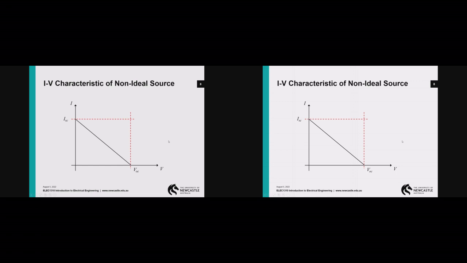So what that's suggesting is that I could have a real voltage source that looks and behaves exactly the same as a real current source, from an outside looking in, terminal type of perspective. So that characteristic could belong to a voltage source, it could belong to a current source. So there is an equivalency there.